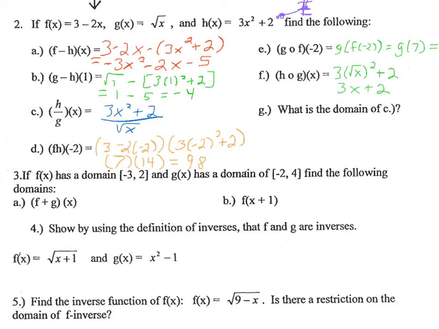And we can't plug any negative numbers in for x because you can't take the square root of a negative. So our domain would be from 0 with a parenthesis, since we can't plug it in, to infinity. And remember, infinity always gets a parenthesis.